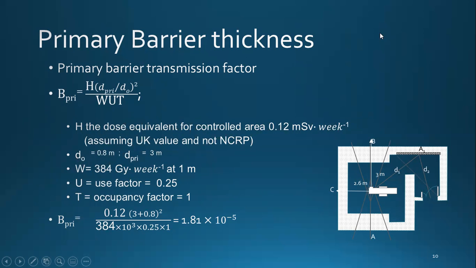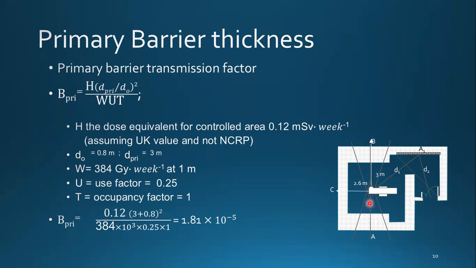D0 in our case is 0.8 meter, which is for a cobalt unit of SAD 80 centimeter. D primary is equal to 3 meters, which is from the isocenter to the point B or A. If you remember, in our earlier discussion, we said the D primary is from the isocenter to the barrier plus the barrier thickness, then 0.3 meters beyond the barrier.